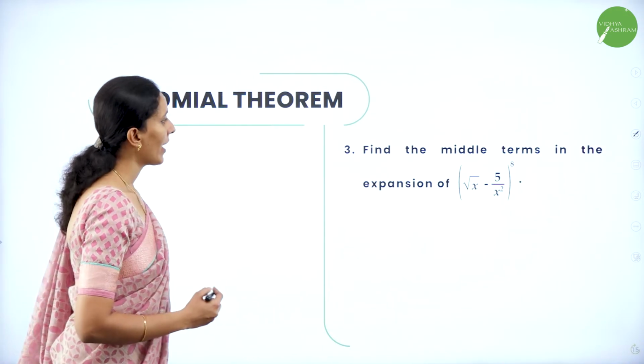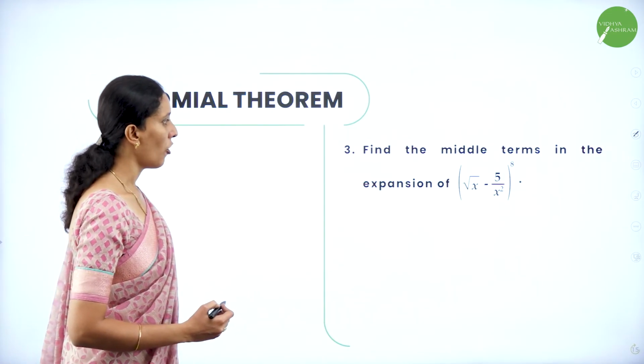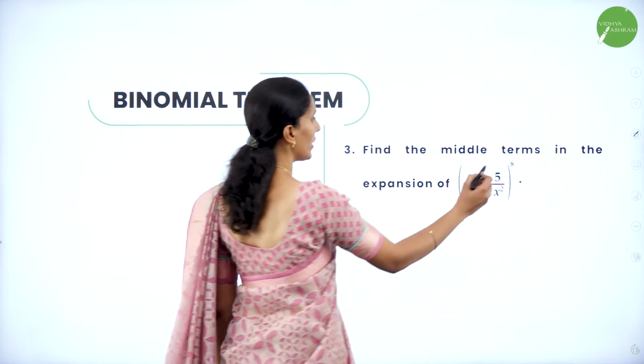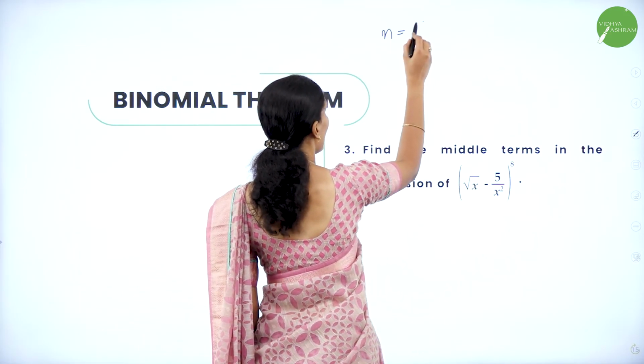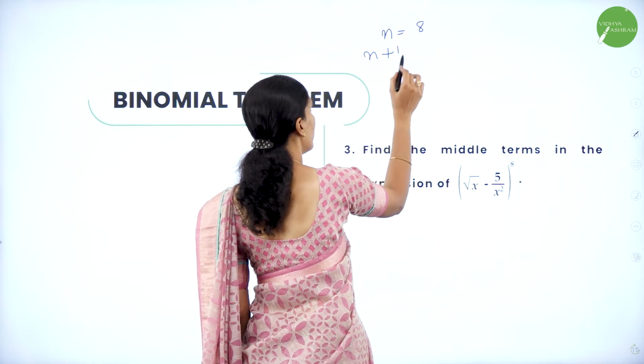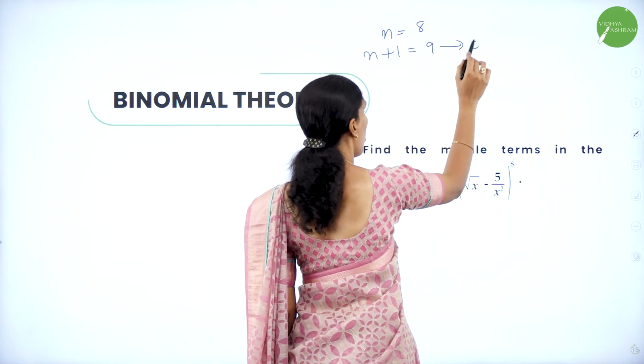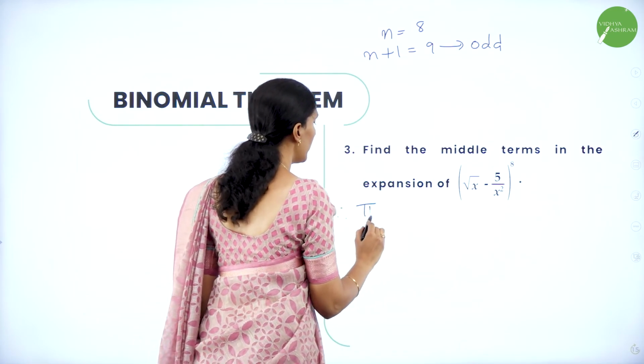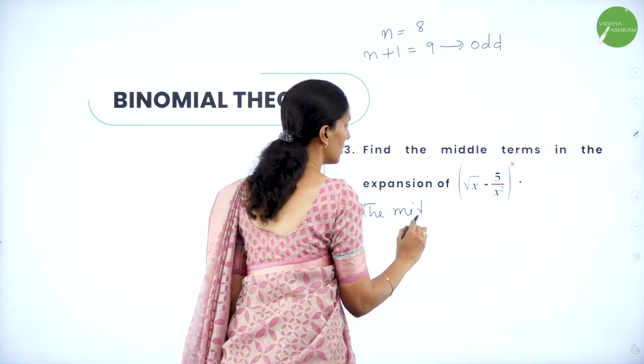Next question. Find the middle terms in the expansion of (root x minus 5 by x square) whole power 8. So what is the value of n here? 8. What is n plus 1? 9. So this is odd. So therefore the middle term is only 1.